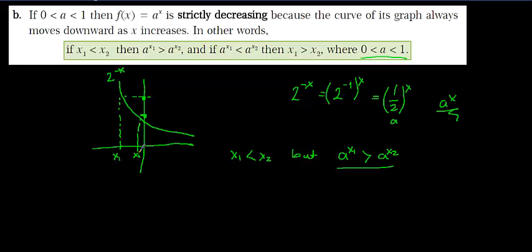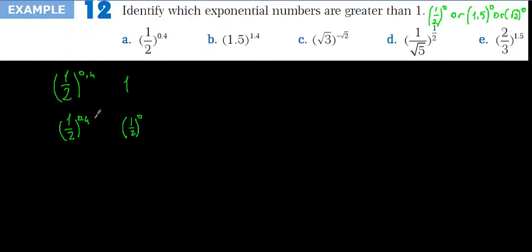Normally x2 is bigger than x1, but the value at x2 is smaller than at x1, which means if the power is bigger, the value should be smaller.